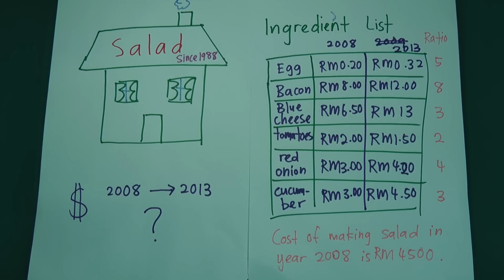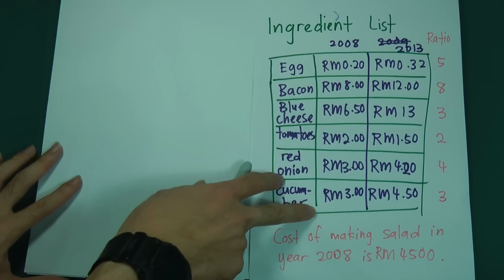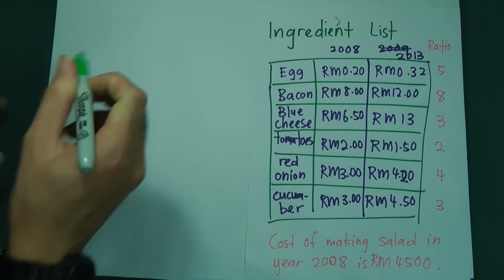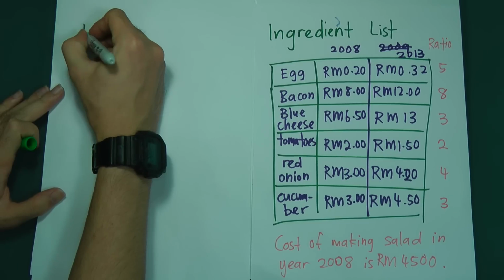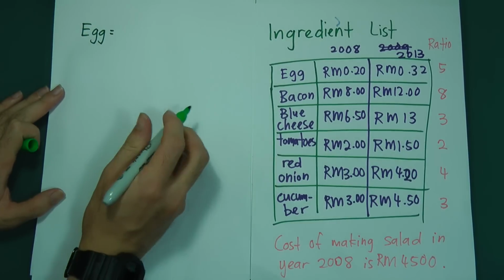So that is where the price number comes in. Let's say now we calculate for egg.